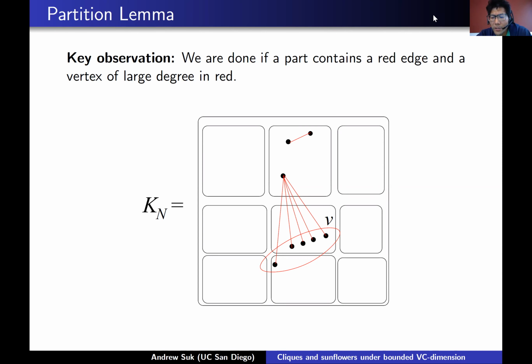I'm not sure. Can you repeat the question? The only lower bounds that I can think of are these iterated product colorings, and this seems like you're identifying some structure along those lines.